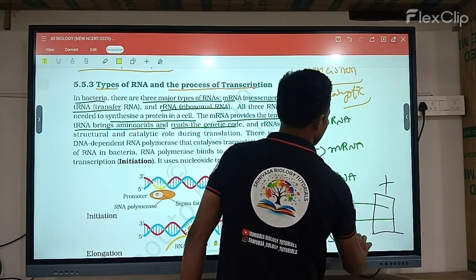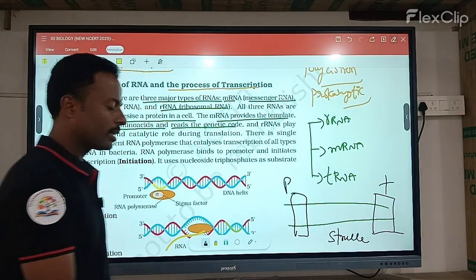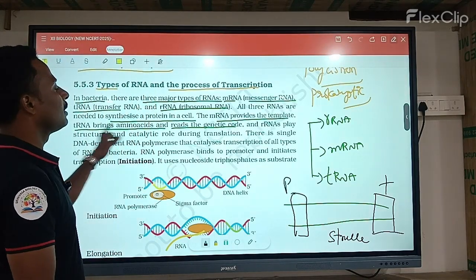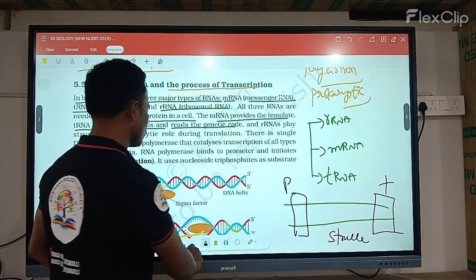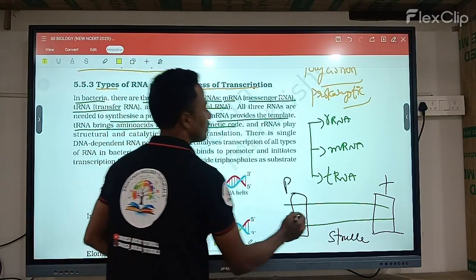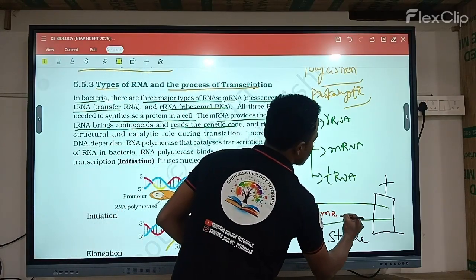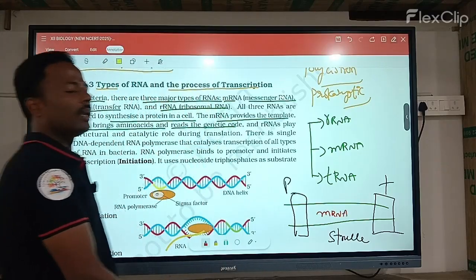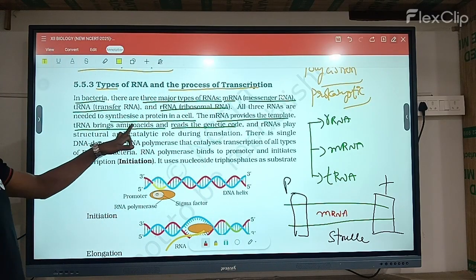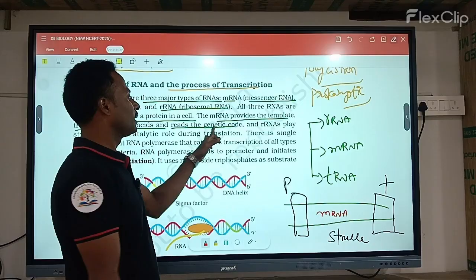The mRNA provides the template, and the tRNA binds with amino acids to read the genetic code.